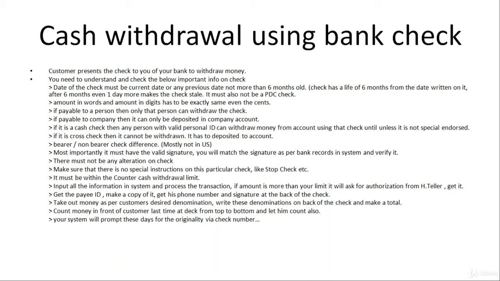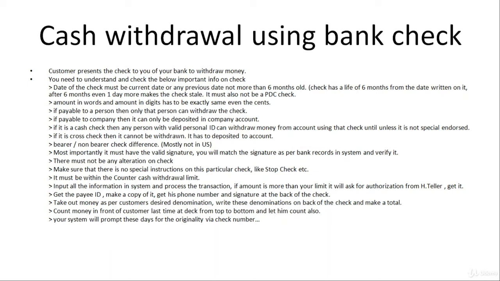When you are sure that the amount in words and digits is okay, the date is okay, the payee name is okay, there is no alteration and the check is in perfect condition, and you have checked in the system that the signature is spot on perfect, then you start processing the check. In your system, you put the account number, then see the signature, then put the amount, then the check number, and then the date of the check, and then you validate.